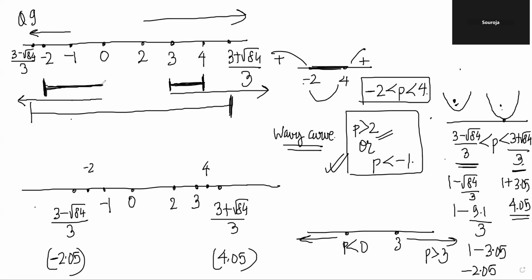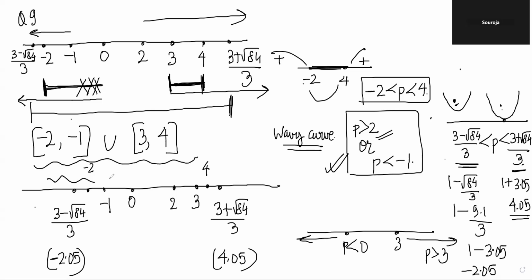So less than -1 means this cannot be allowed. So -2 to -1, this is one region. And then above 2 anything, but we have already identified 3 to 4. So it's 3 to 4, and that is our answer.